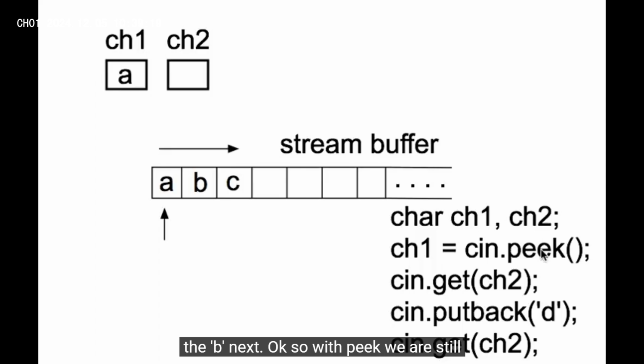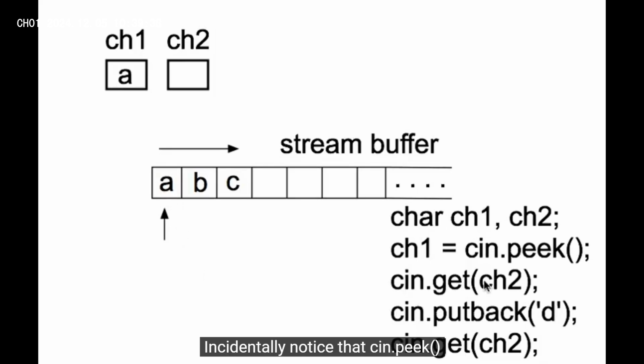Okay, so with peek, we are still going to read the memory from the buffer. So the A went from the buffer up to ch1, but then the pointer stayed at A. So A was not removed from the buffer, and it will be the next thing to be read.